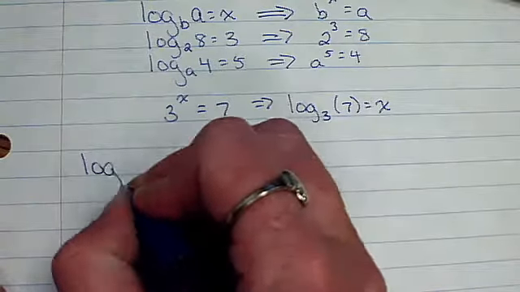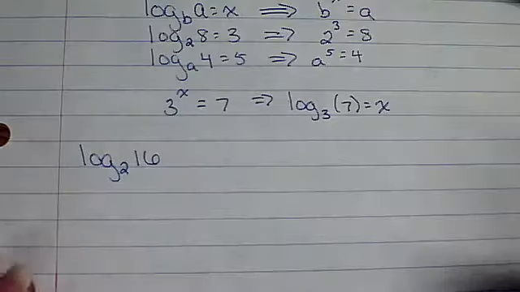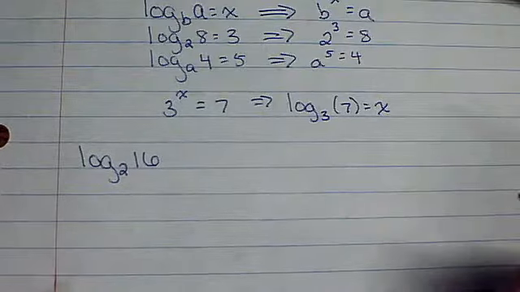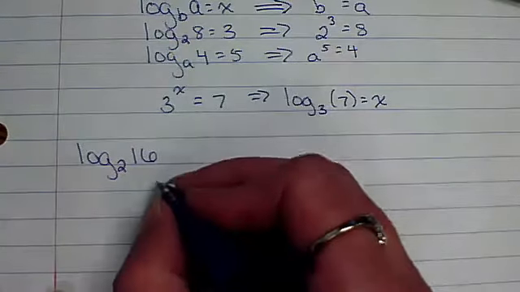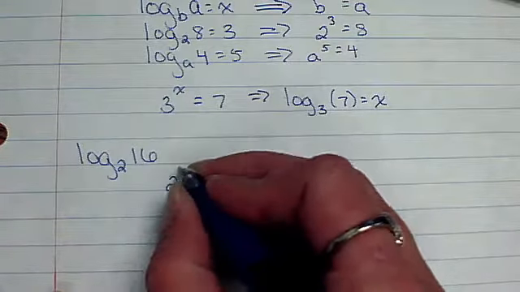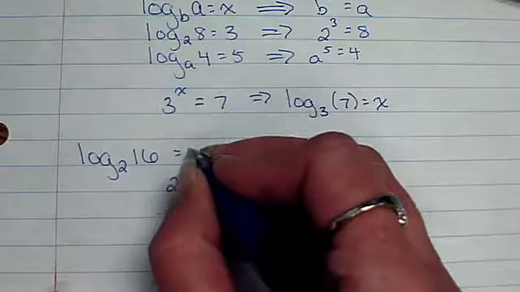So let's look at a few other examples, and we're going to find the values of these. What if I wanted to find log base 2 of 16? Now, we're trying to figure out what that equals. It's a big question mark right now. So what that really means is 2 to what power gives me 16? Well, that's 4.